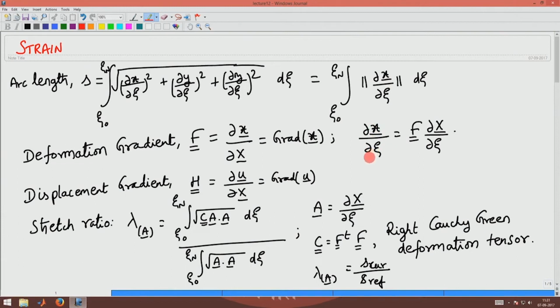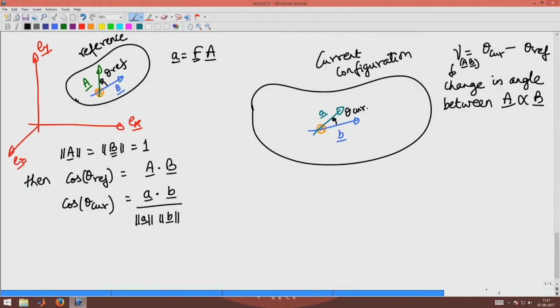Because they are straight lines, as we saw in the last class, small a need not be a unit vector, because F is not going to preserve the lengths. F is a matrix which will change the lengths of the vectors if the length changes in the deformation process. Okay. So, that is why I am dividing it by norm of a and norm of b.